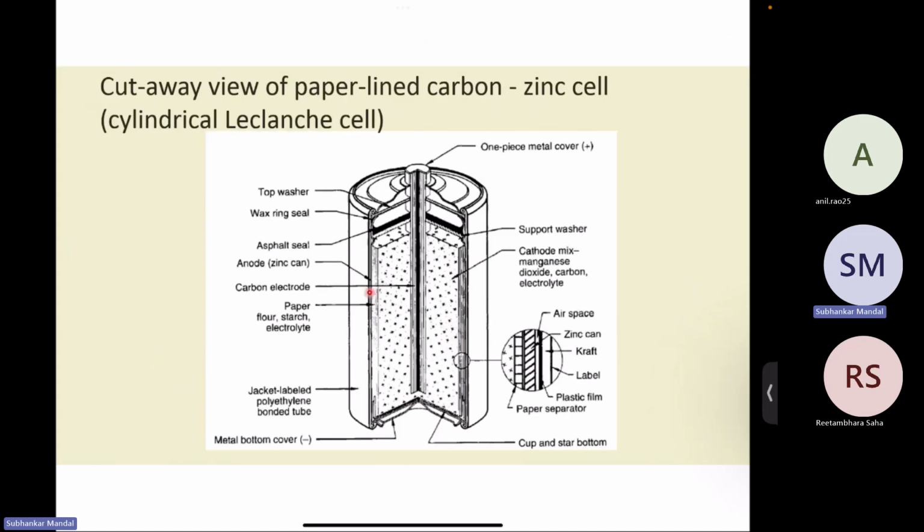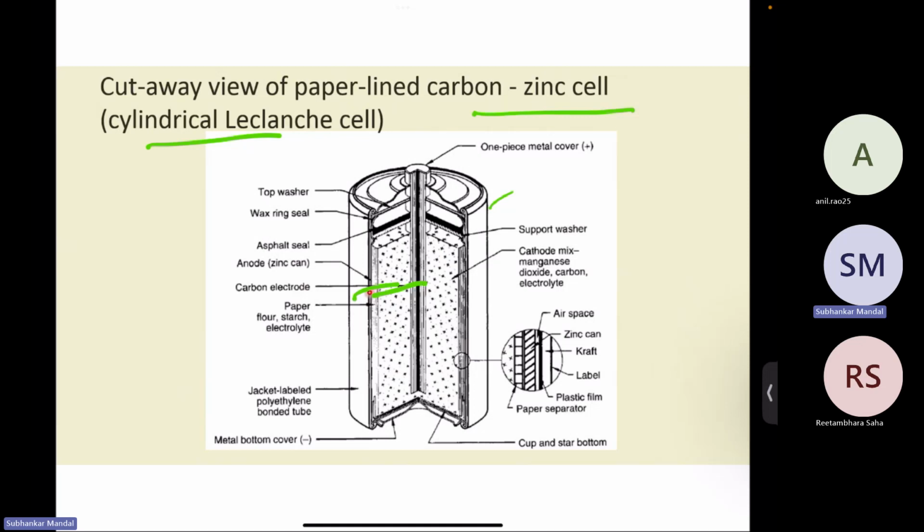So I am not going into details in that. This is one of the familiar pictures I think we have discussed in the class, that is the cutaway view of the carbon zinc cell. I think this cell was used so much in torches. In earlier days, people used this primary cell in torches.